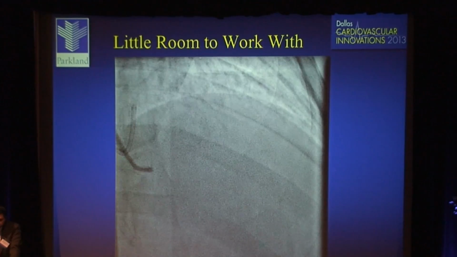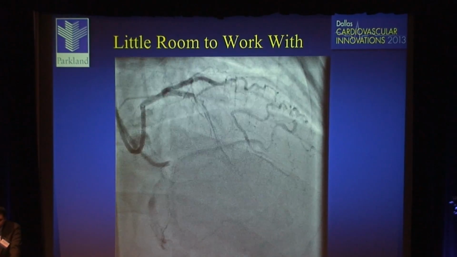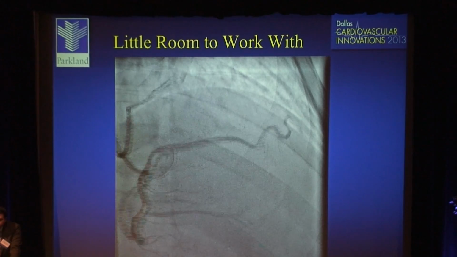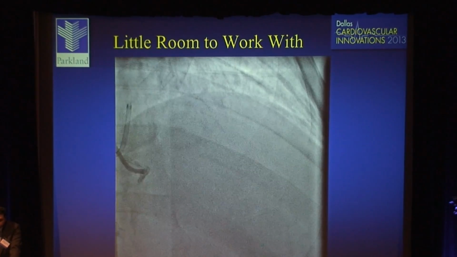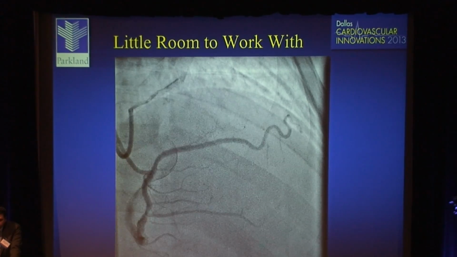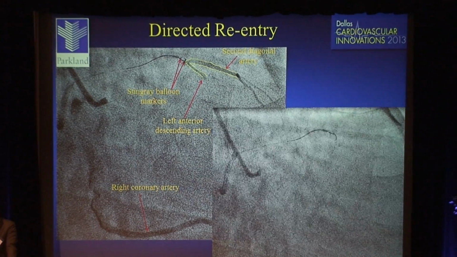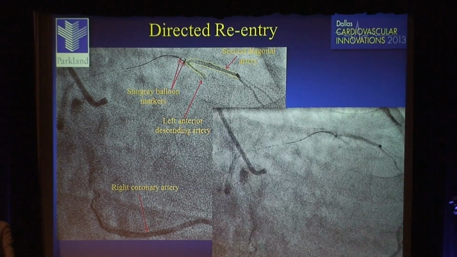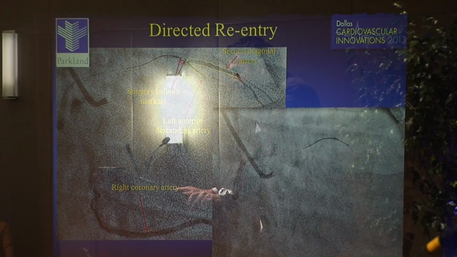This is another case, an LAD CTO, dual injection here. You can see the left anterior descending artery on the top right, the occluded segment, which is more than 20 millimeters. And if you pay close attention, you can see here, I've outlined the occluded segment, which is a second diagonal vessel that is filled by the right coronary artery collaterals.